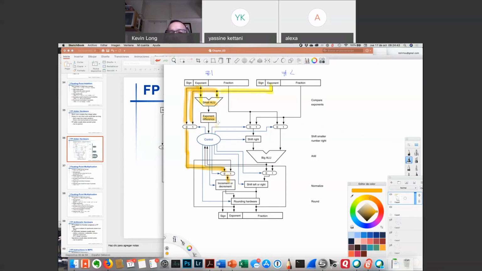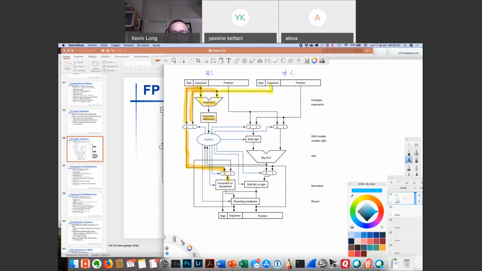And it's also going to take the fraction that I've got, because once I know the exponent that's the bigger or the smaller one, what I really want to do with that is use it to shift the mantissa left or right accordingly. Right? So if my right number needed to have its exponent increased, then that means I shift the number around.